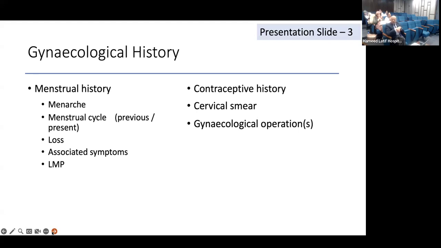I could not see a Pfannenstiel scar or lower transverse scar, and I didn't see even a midline scar, which would have substantiated TAH. But I did see a small right paramedian scar, half of it above the umbilicus, half below, about 1.5 inches long.